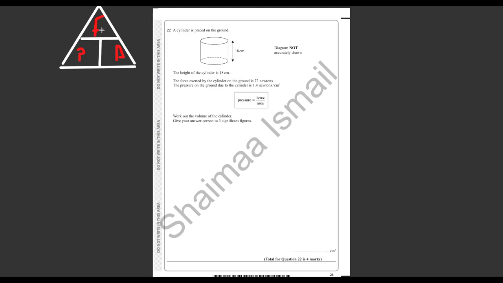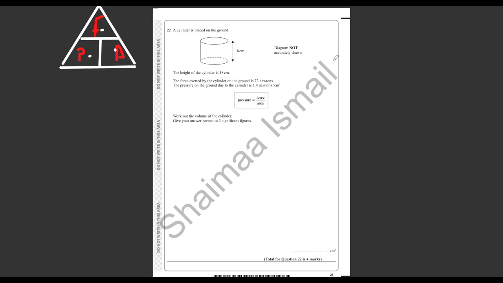If we need the force, it will be the pressure multiplied by the area. If we need the pressure, we say the force divided by area. And if we need the area itself, we divide the force by the pressure. And let's see what he wants here. He is asking to work out the volume of the cylinder. Give your answer in 3 SF.